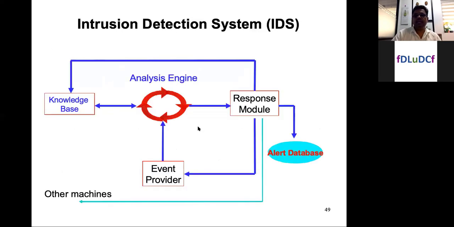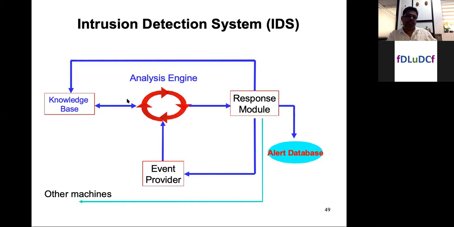Sometimes we may have to use both. HIDS or NIDS, or whatever, basic IDS systems, intruder detection systems, have this typical workflow. They have a knowledge base, an analysis engine, response modules, alert databases and so on.